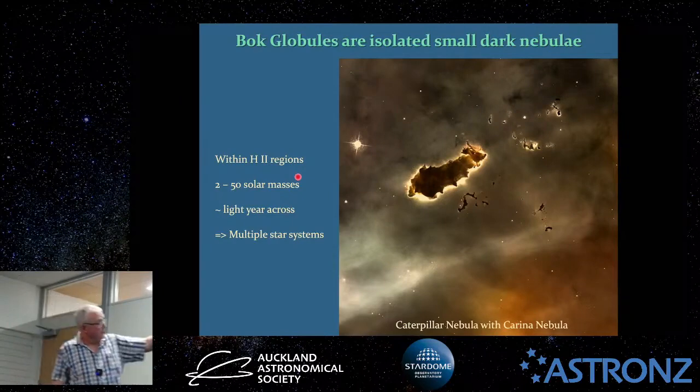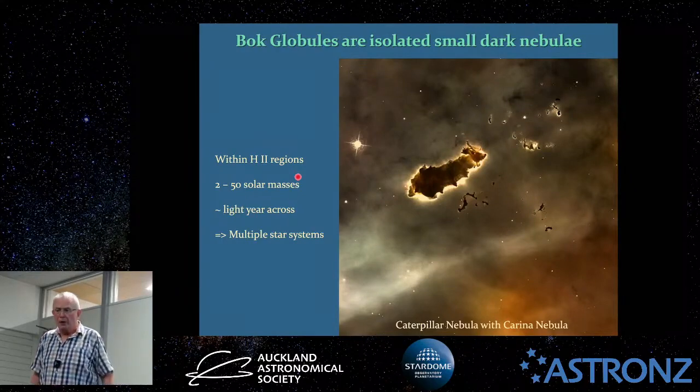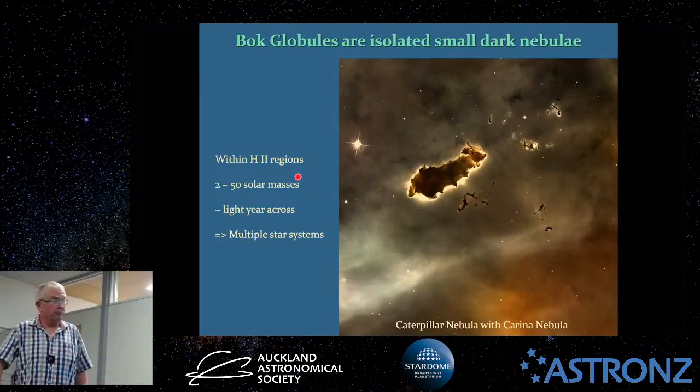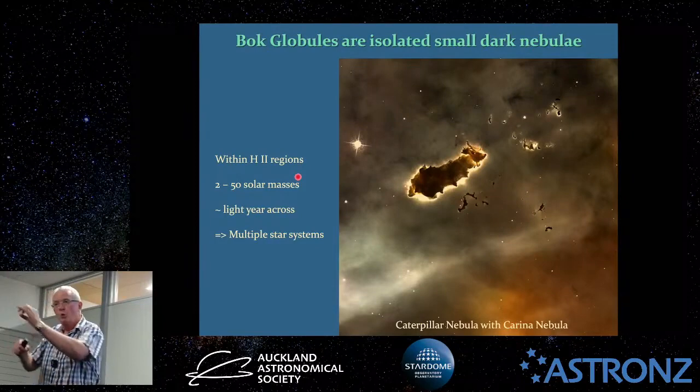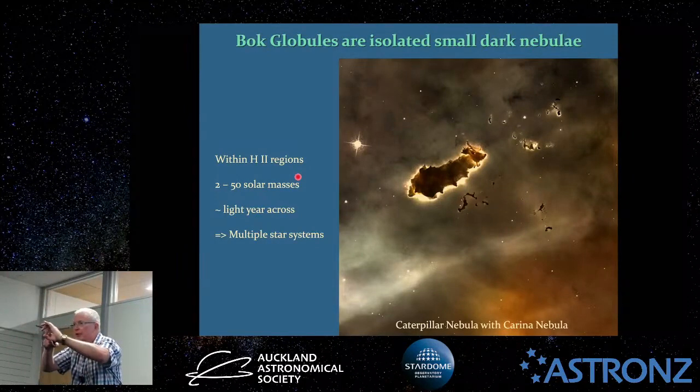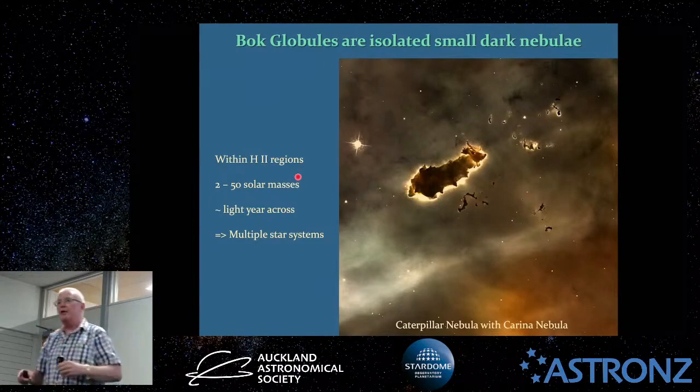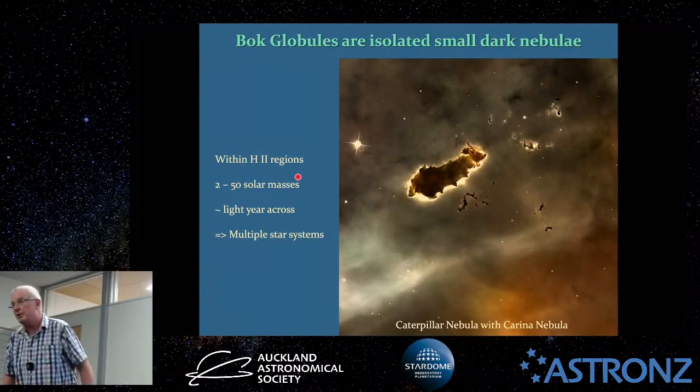So for example, 2 to 50 solar masses means 2 to 50 times the mass of our sun. Often you'll see it written as a big capital M with a circle and a little dot in the middle as a subscript, and when you see that subscript, it means solar, the sun.